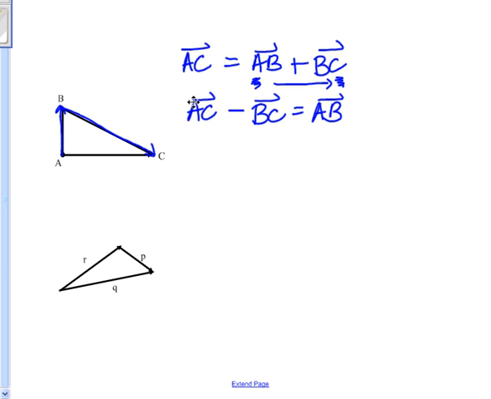If we're using our add the opposite principle, we have AC add the opposite of BC, which would be CB really, and our answer will be AB.